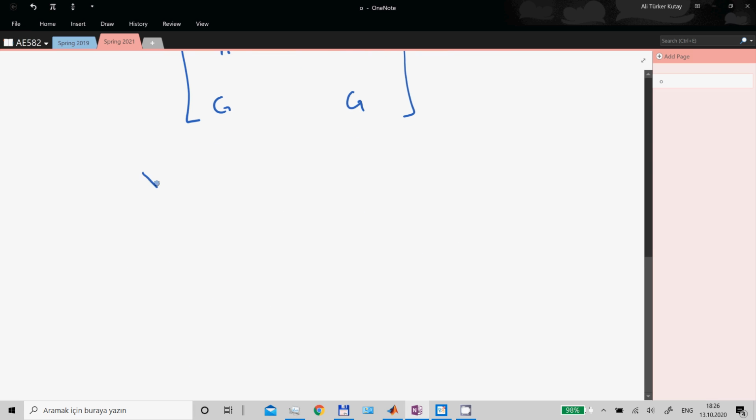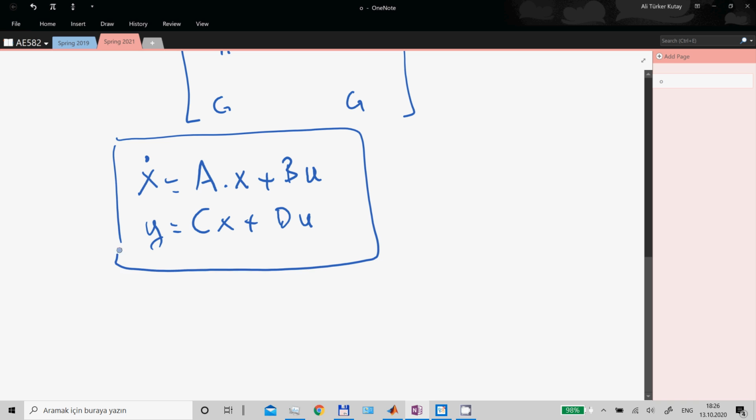Your state variable x, the derivative of that, becomes equal to some matrix times your state vector x plus another matrix times the input u, and then the output can be written as a matrix times the state variable plus another matrix times the input variable. So the system is in this form.